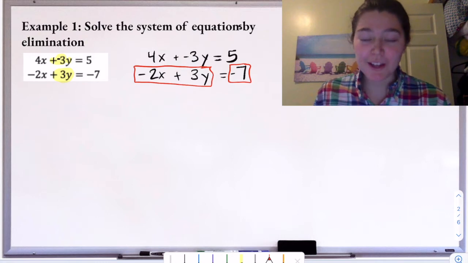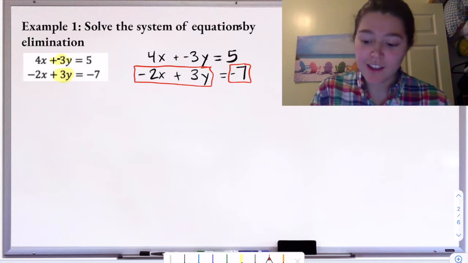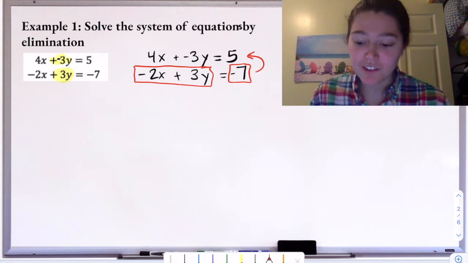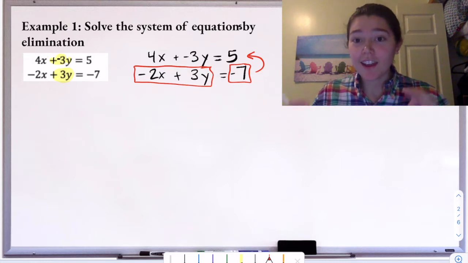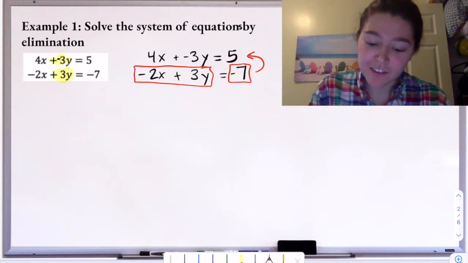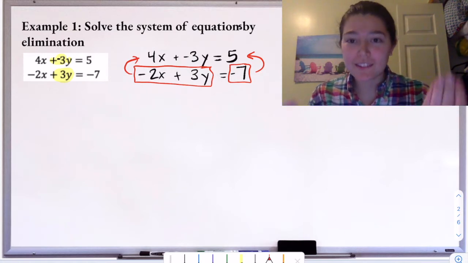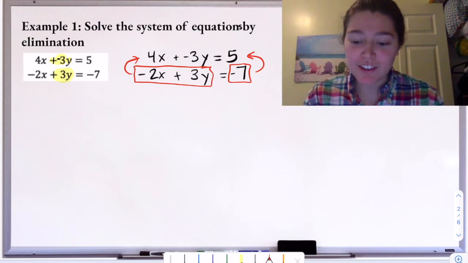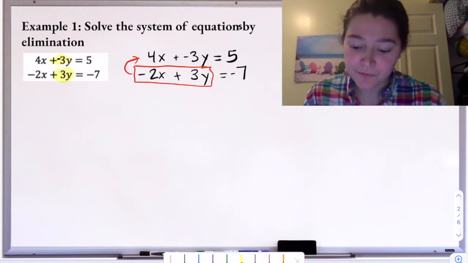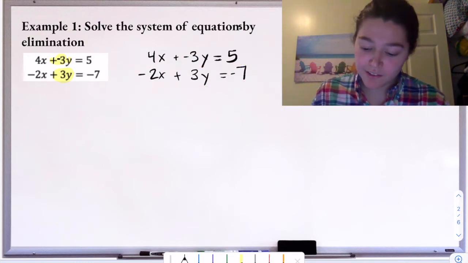So I can take my original equation, add negative 7 on the right-hand side, and then add negative 7 on the left-hand side, but we know that negative 7 is equal to negative 2x plus 3y. So we can ultimately just add straight down, add the equations together. Okay, so let's do that.